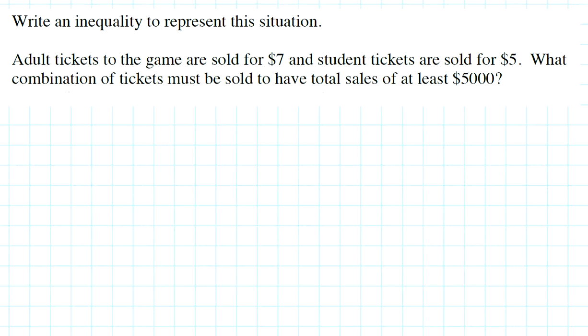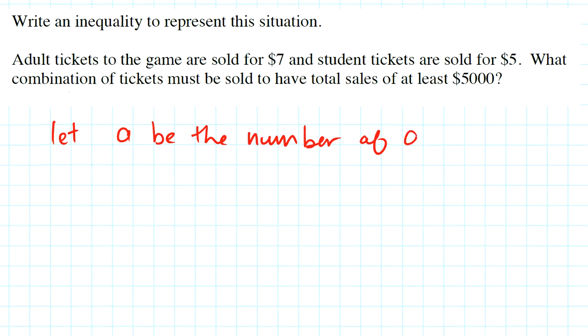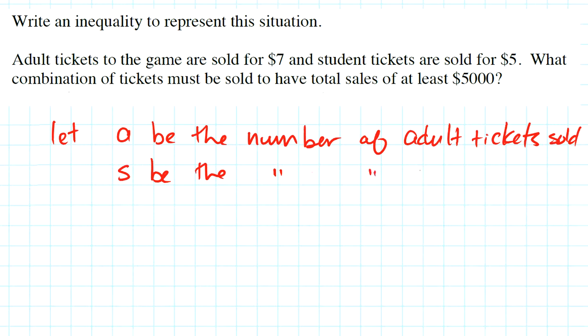So I don't know. I'm going to pick a couple of variables here. I'm going to let A be the number of adult tickets sold, and I'm going to let S be the number of student tickets sold.